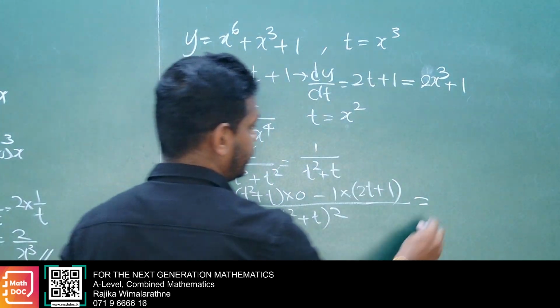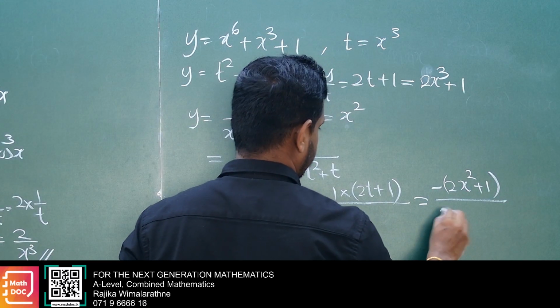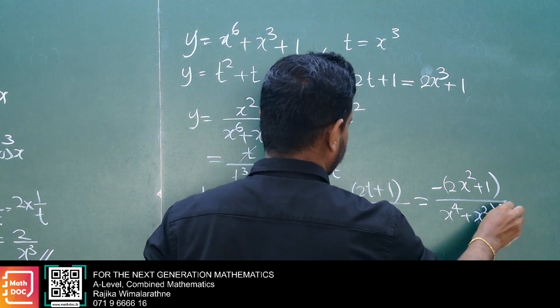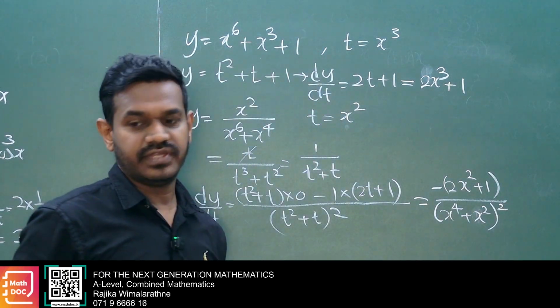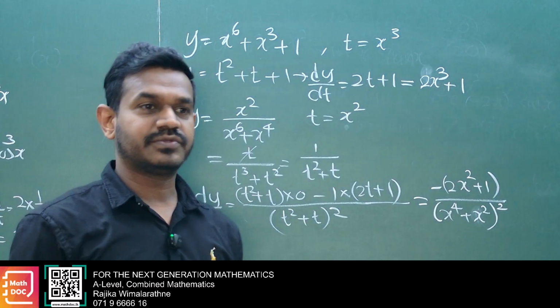T means x squared, so 2x squared plus 1 over x to the power 4 plus x squared, all to the power 2. That's how we differentiate with respect to another subject. Using substitution, you can do that. Right?